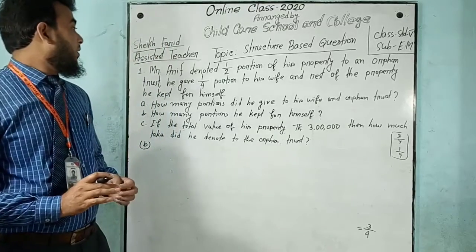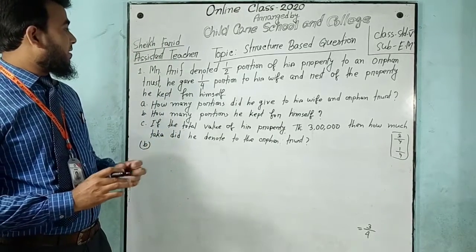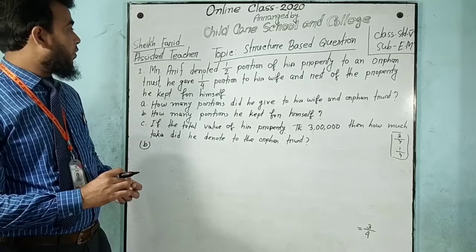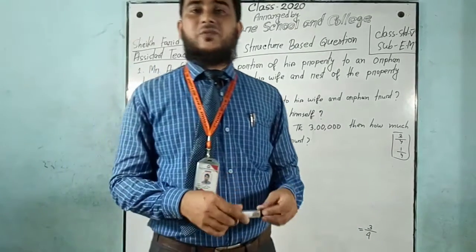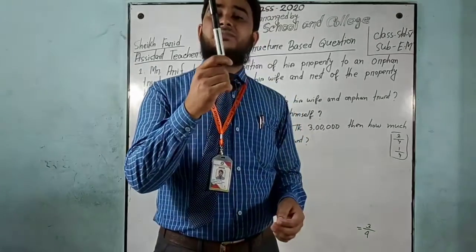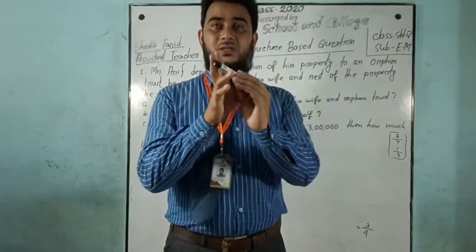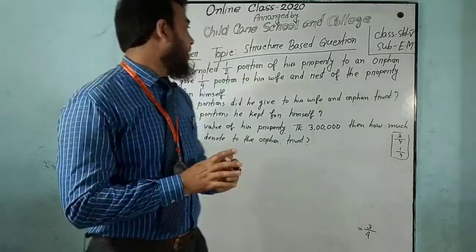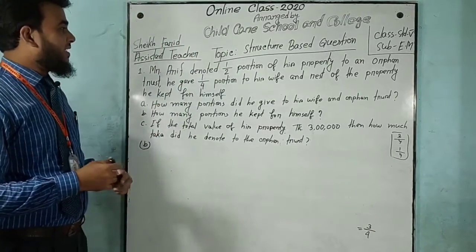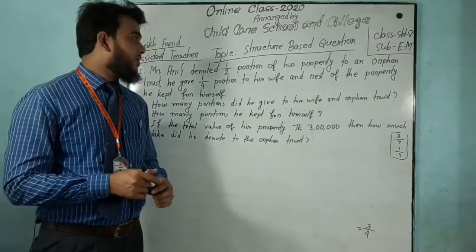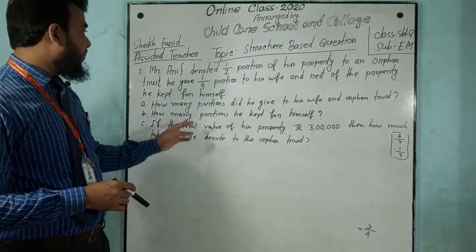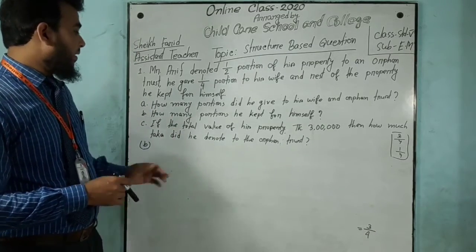If you try to understand, you can easily understand that anything's total is 1 part. Suppose, if you look at this marker, this is 1 part. So we can easily say that Mr. Arif's total property is also 1 part, and we have already got from A.